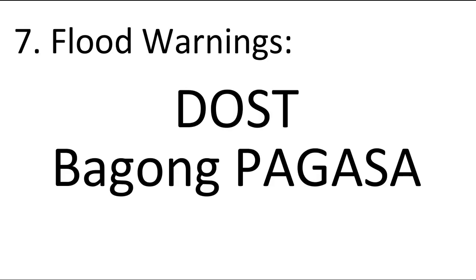And as we said earlier, flood warnings, temporary evacuation of flood-threatened areas. So you may check the Bagong Pag-asa, the new website of DOST, and Project NOAH, UP Resilience Institute, when floods or extreme typhoon events happen.